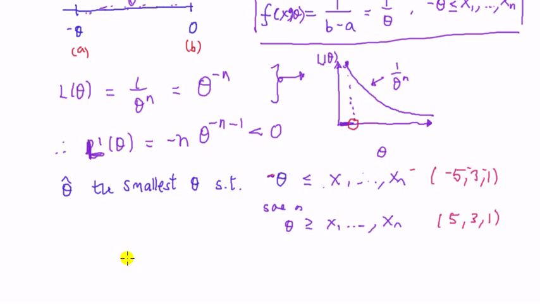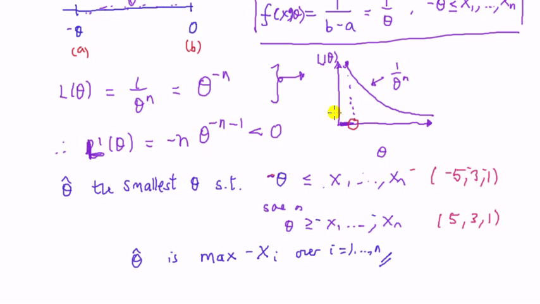It must be that the solution is the maximum of these, the biggest value of minus x_i over all the i's. You might have to stop the video and think at this stage.